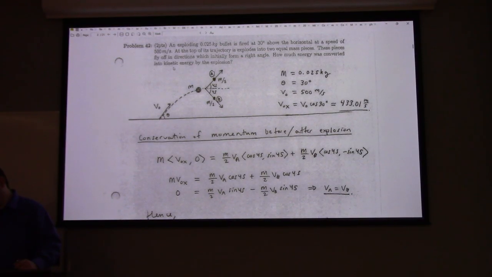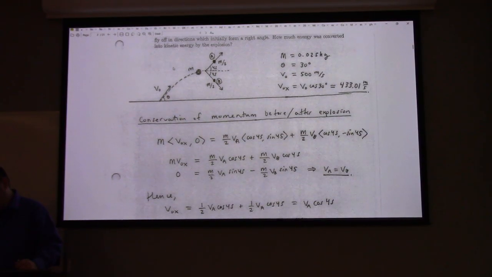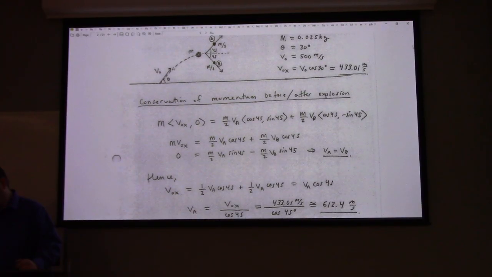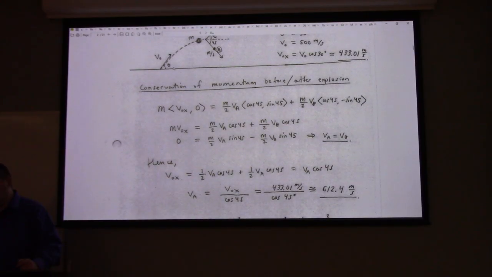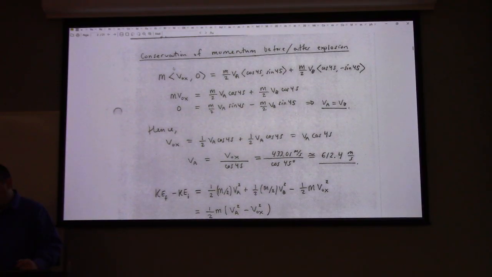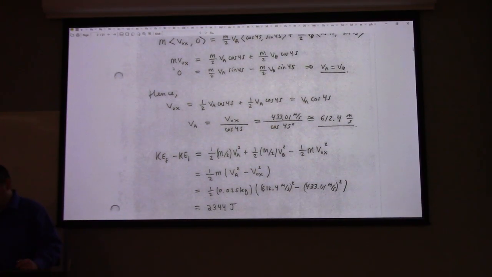So it must be that the speed is larger than 433. The horizontal component of the velocity is still 433 in this problem. I didn't calculate that, but I'm pretty sure it is.